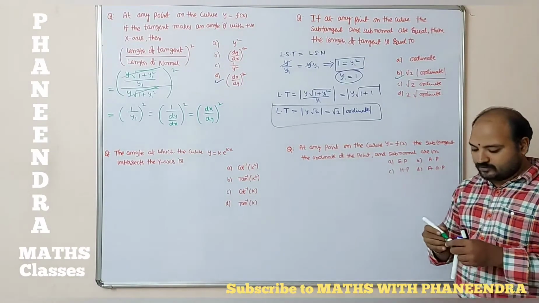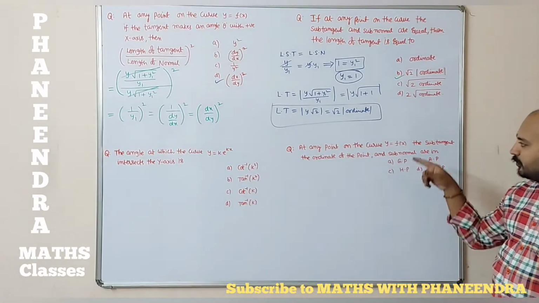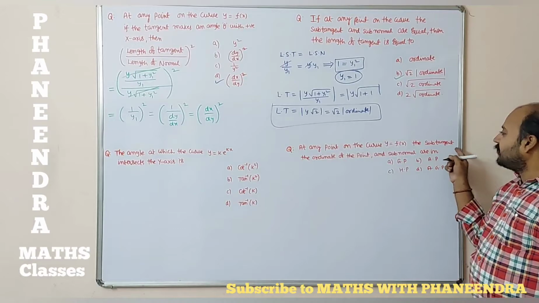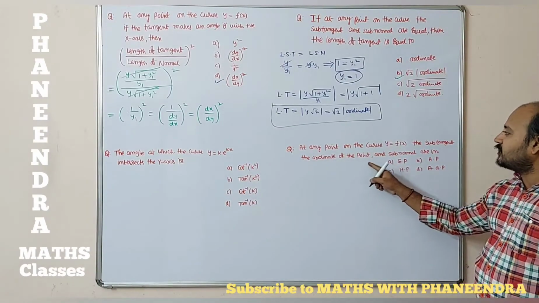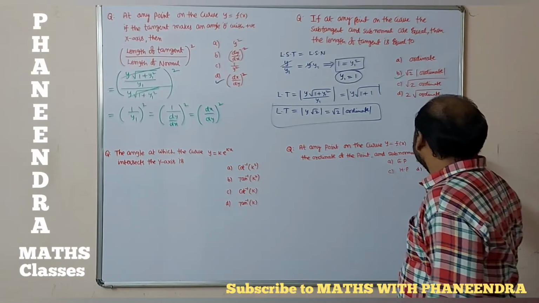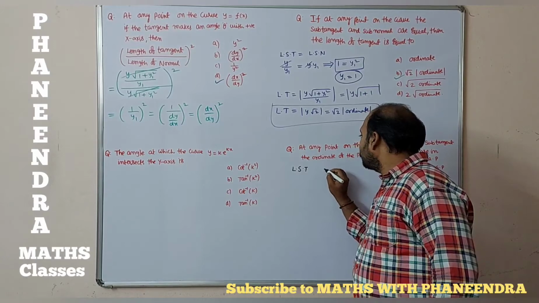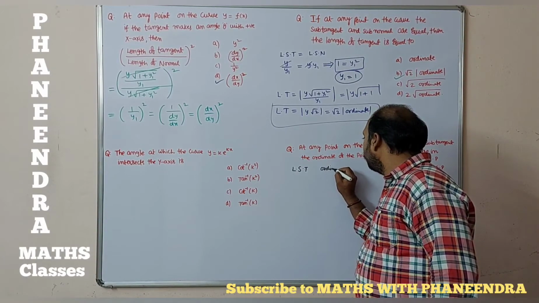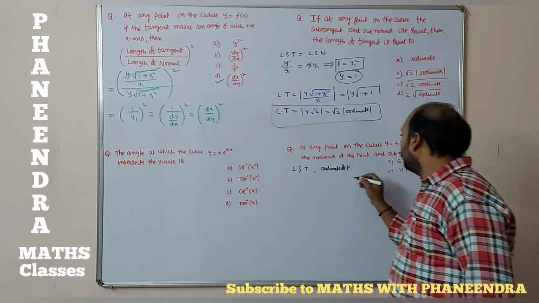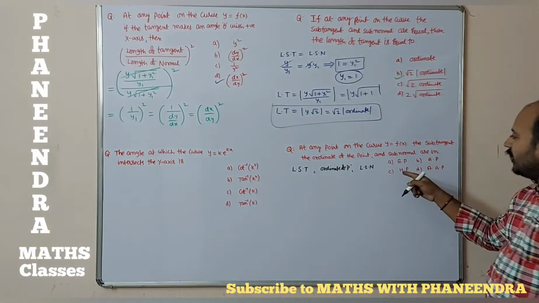We'll move to this question. At any point on the curve y is equal to f(x), the subtangent, the ordinate of the point and subnormal are in AP, GP or HP.